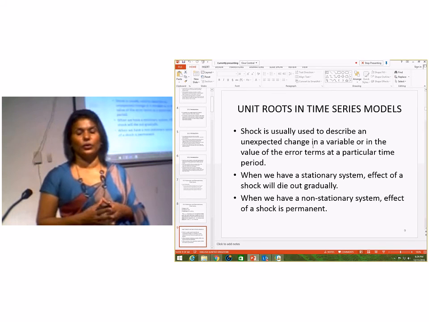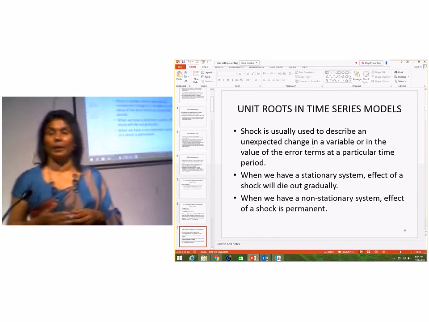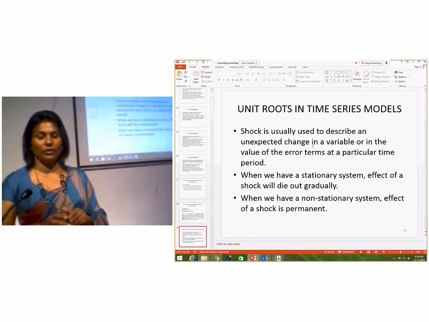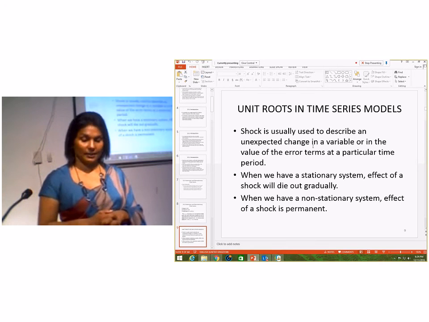Shocks is usually used to describe an unexpected change in the variable or in the value of the error term at a particular time period.